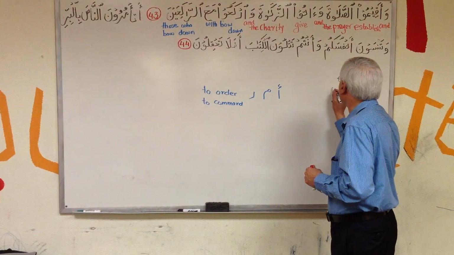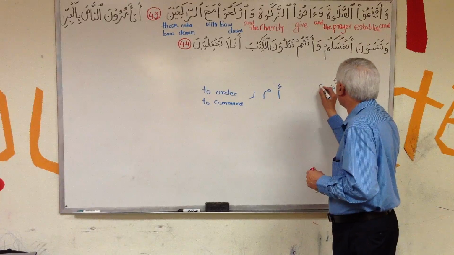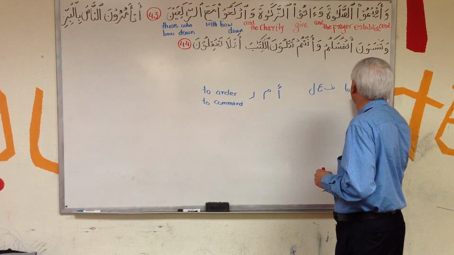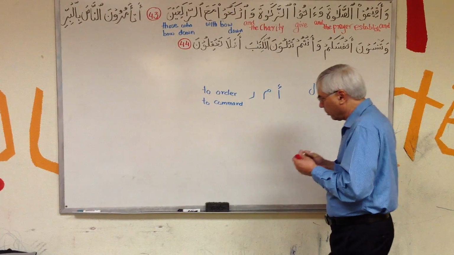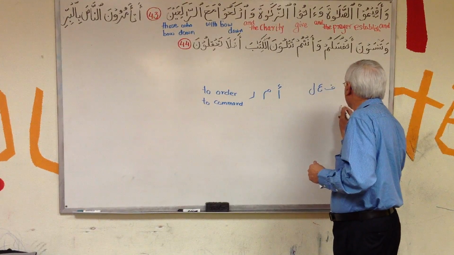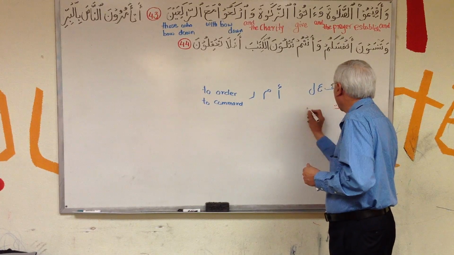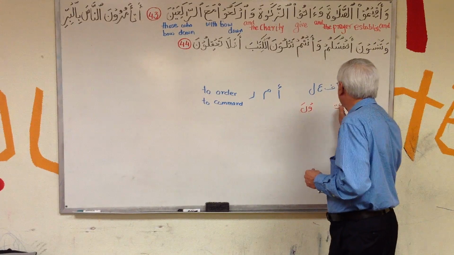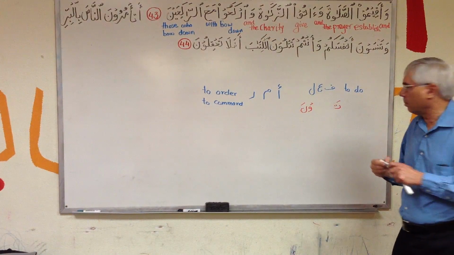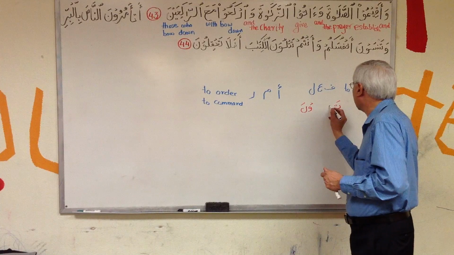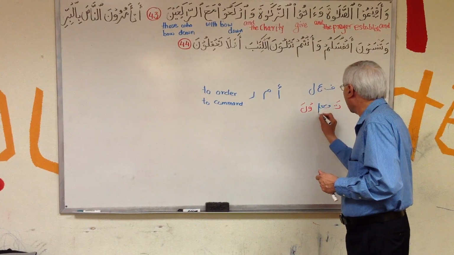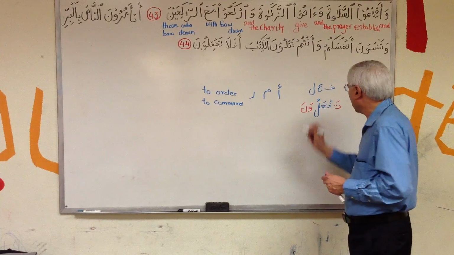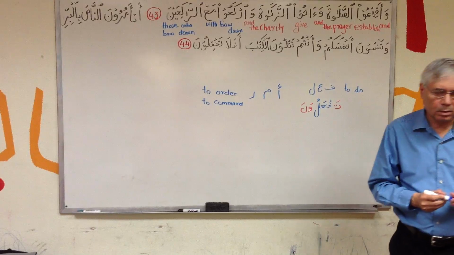Now, if we have these three letters, fa and lam, which means to do, and if we put a ta in the beginning and una at the end, and the three middle letters are fa and lam, it is pronounced as taf'aluna.